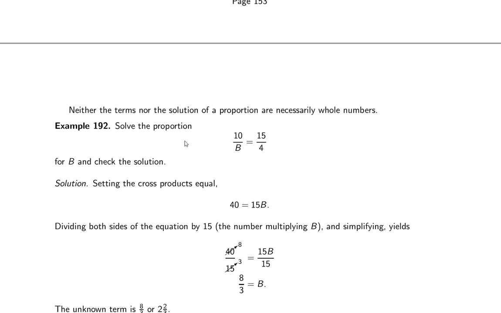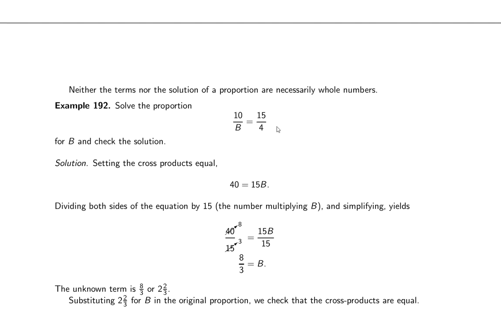Okay, how about one last one? Solve this proportion. 10 over b equals 15 over 4. 15 over 4, that doesn't simplify, so set the cross products equal. 10 times 4 is 40. b times 15, well, we write that with the number first, so 15b.